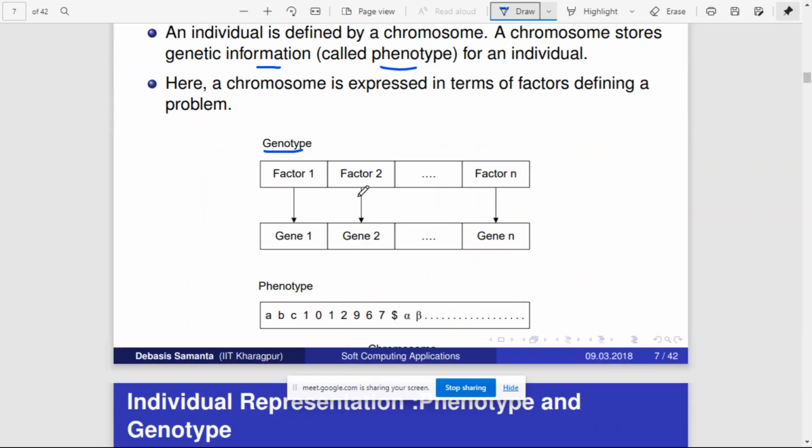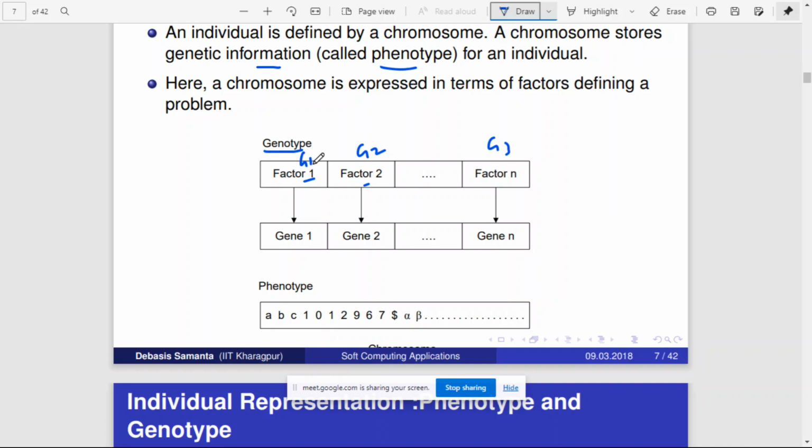For example, a genotype is represented something like this: factor 1, factor 2, up to factor n. These factors may be some variables in our case. That is, a chromosome is represented by these different genes. You can call this gene 1, this gene 2, this gene 3. But exactly what this gene is, we don't know. In that case we call it genotype.